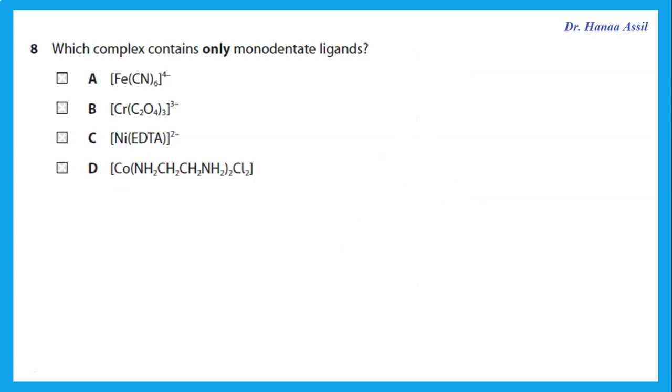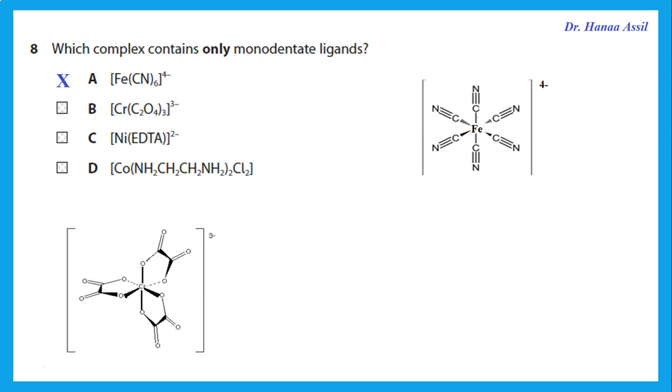Which complex contains only monodentate ligands? Remember, monodentate ligand means the ligand that makes only one dative bond to the central metal ion. So the cyanide is a monodentate ligand. If we look at the oxalate, this is a bidentate.